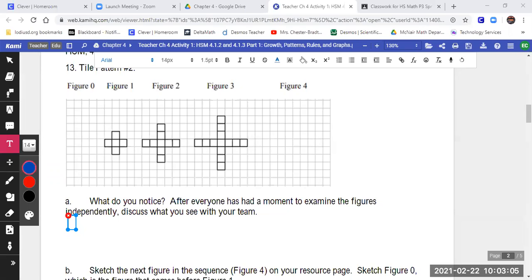Each side, I don't think there's sides on this because sides would be flat. So what do we want to call those?